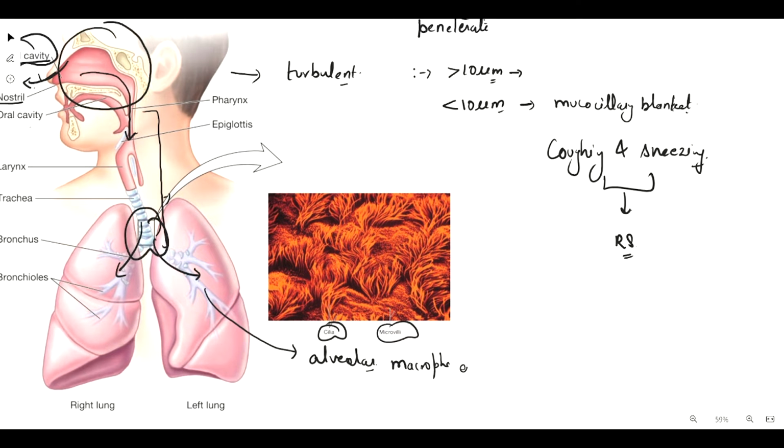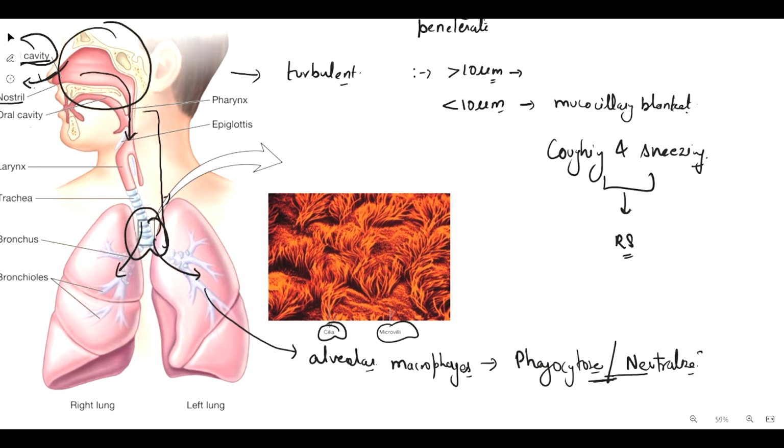These macrophages phagocytose the foreign substance, the same process as elsewhere. They phagocytose the foreign substance and neutralize it, and give the specific type of immune response related to the antigens, right?